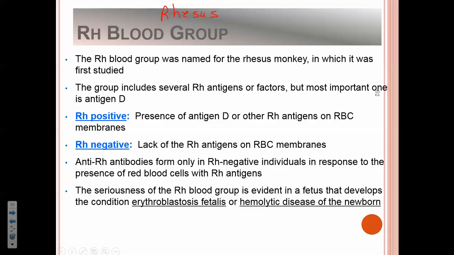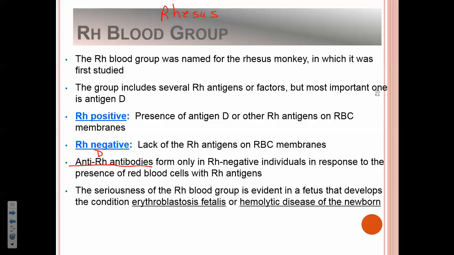If you are Rh negative, you have the ability to produce anti-D or anti-Rh antibodies. But typically, those only form once the D antigen has been encountered. So if you have negative blood, you don't automatically have anti-D or anti-Rh antibodies circulating in you.